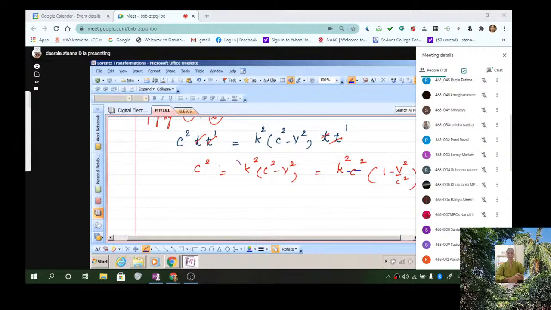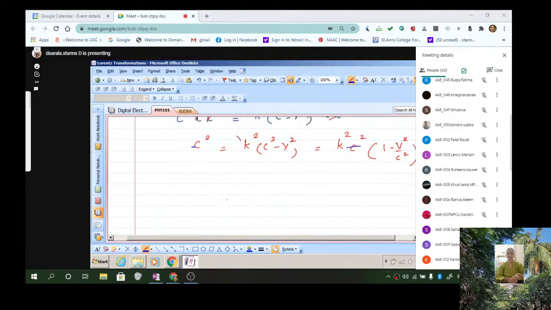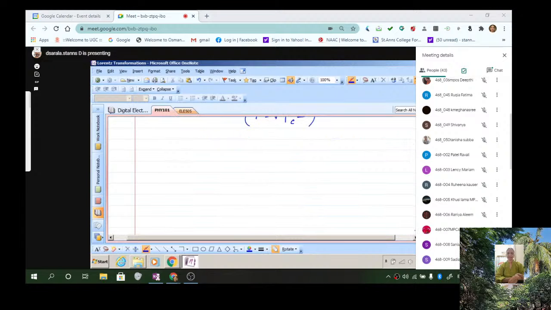The c square terms get cancelled, and what we get is k square is equal to 1 by (1 minus v square by c square), or k is equal to 1 by square root of (1 minus v square by c square).